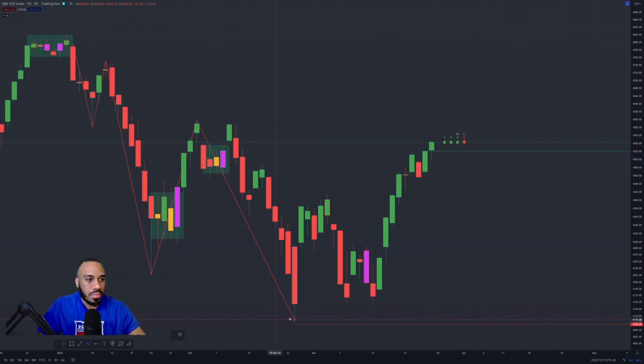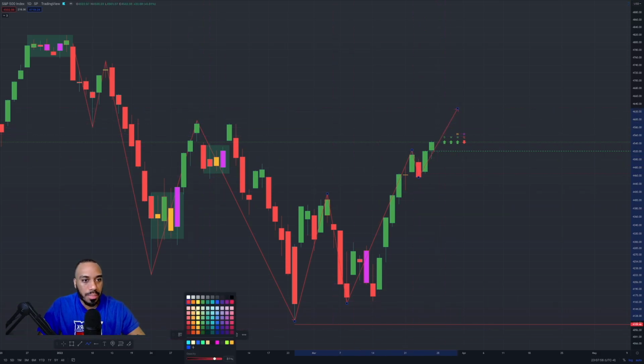Now we're here where we formed this lower low and a lower high, but now we have our first higher low, right? And even this low here is higher than this low. But I'm just gonna call this all one area. And now we came up from there to form a higher high, our first higher high, and then our next higher low, right?